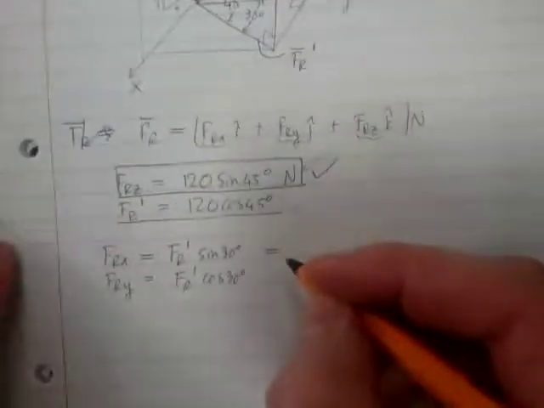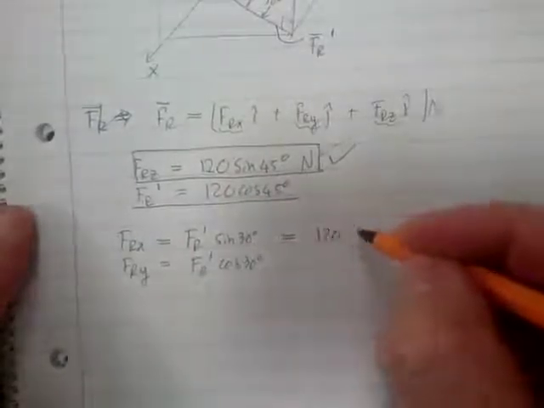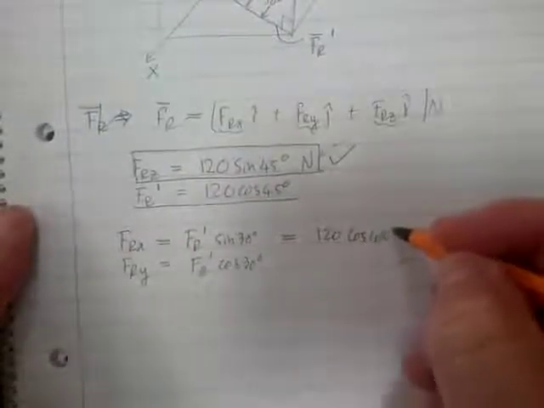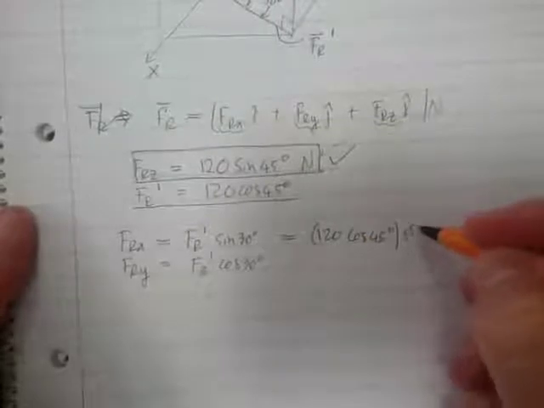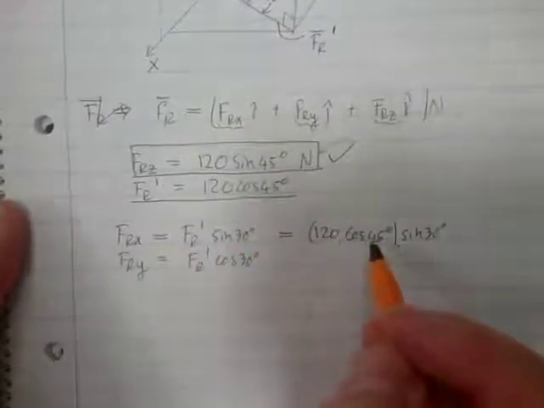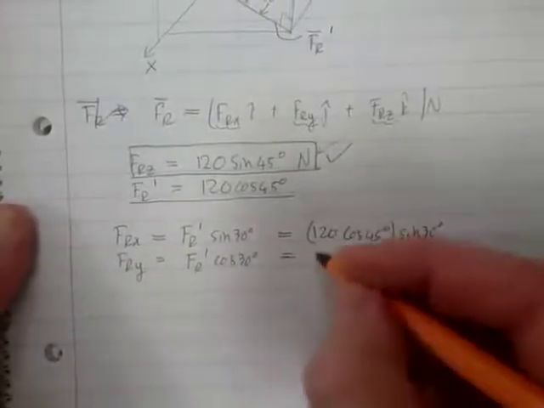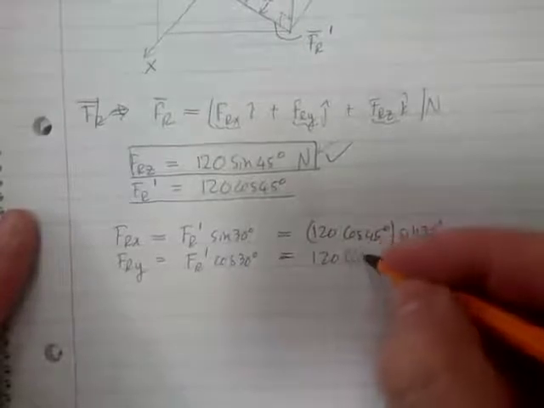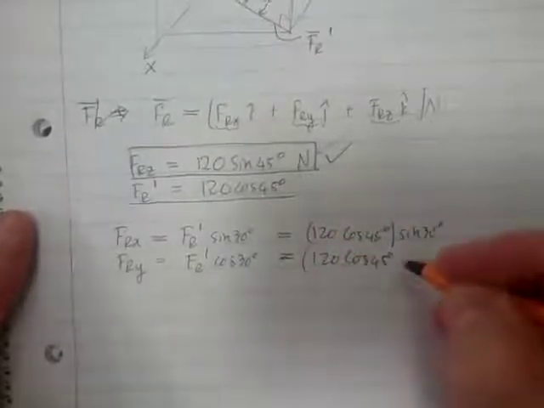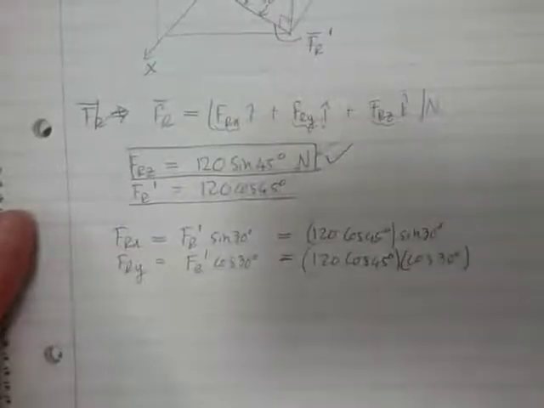Okay, then just further developing it, FRx is 120 cos 45 and then we still multiply by the sine 30. And then we've got your 120 cos 45 times cos 30.